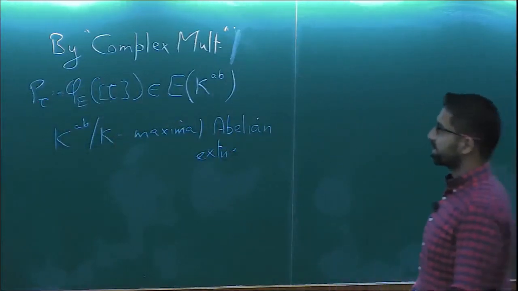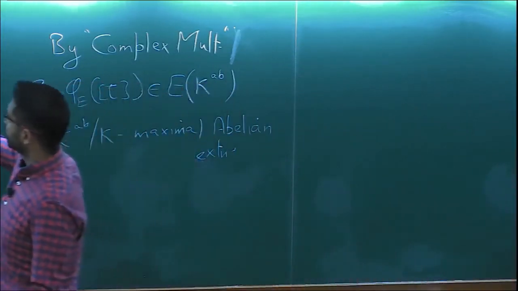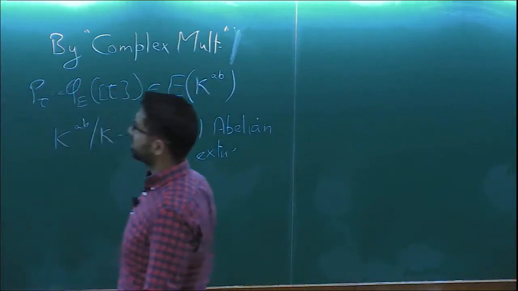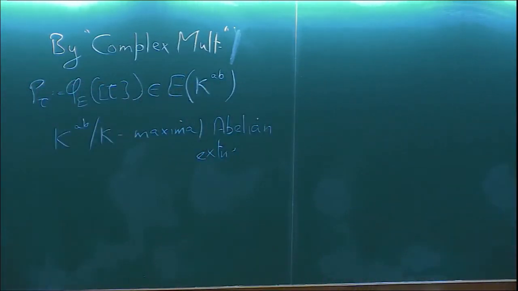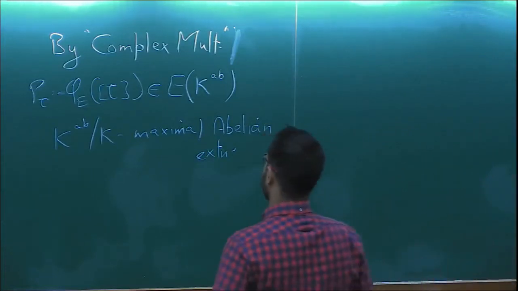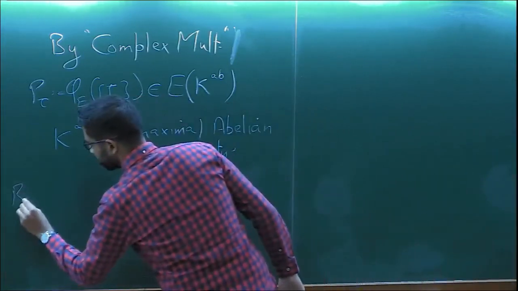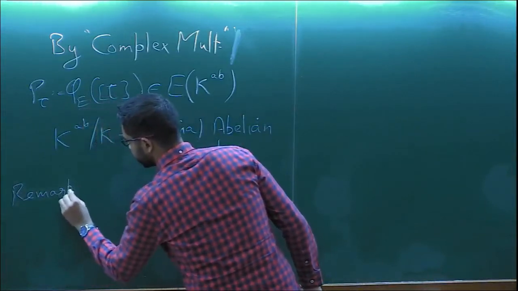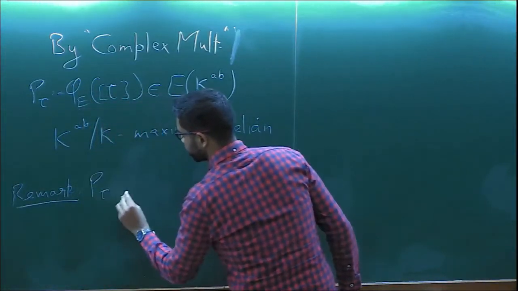So the natural question one can ask is, how far can we go beyond this situation? So we start with an imaginary quadratic field. Complex multiplication helps us produce rational points on elliptic curves. And just a remark, before I say anything further, the P_tau are called CM points.